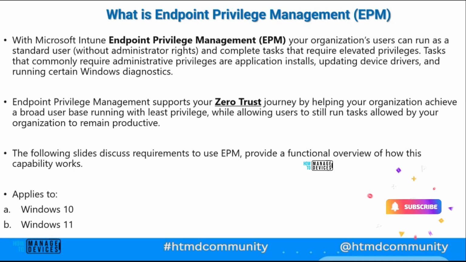The EPM concept is all related to the zero trust principle. EPM supports the zero trust journey of your organization, with a broader user base running with least privilege while still being able to run the tasks your organization allows and remain productive. Whatever your organization allows, those tasks or applications are the only ones the standard user can run.